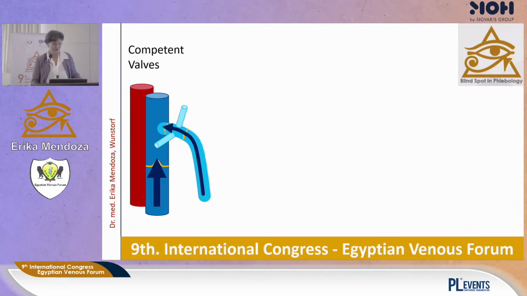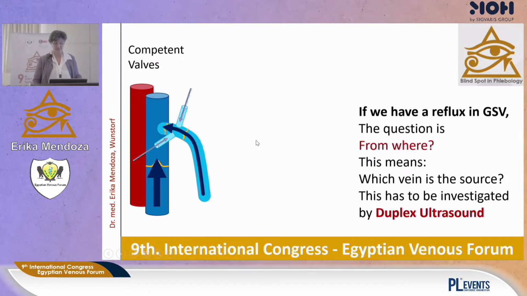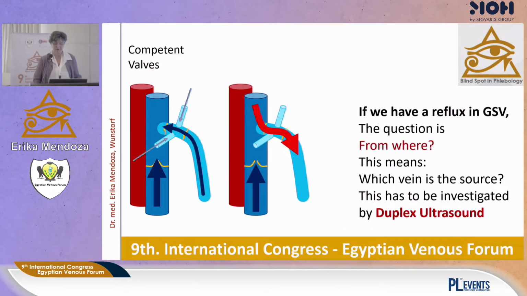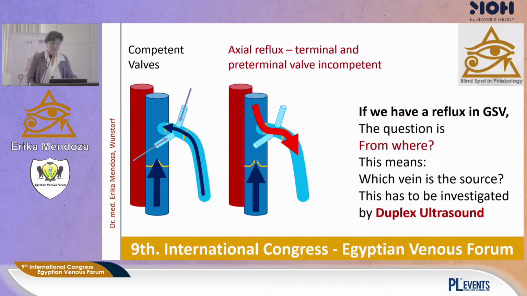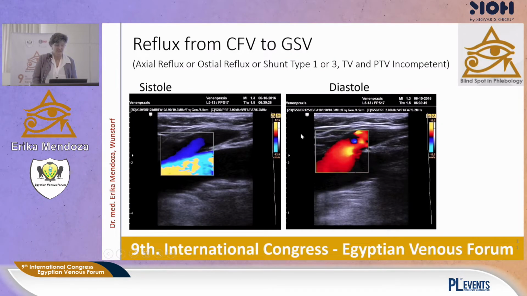We have one situation with competent valves, which looks like this, blood flowing upstream and the tributaries draining into the great saphenous vein. If we have a reflux, the question is from where? This can be from the deep vein, which is called axial reflux, with terminal and preterminal valve incompetent. We have seen this more extensively this morning.